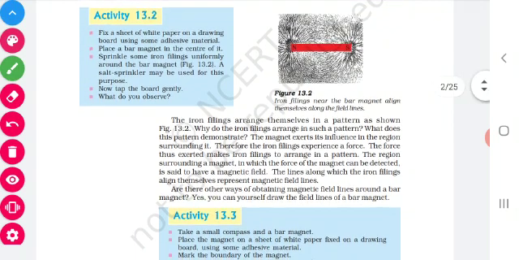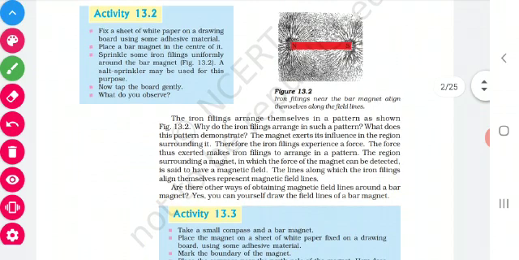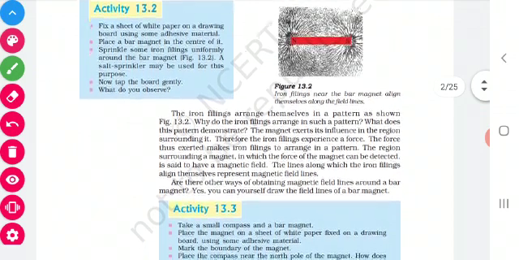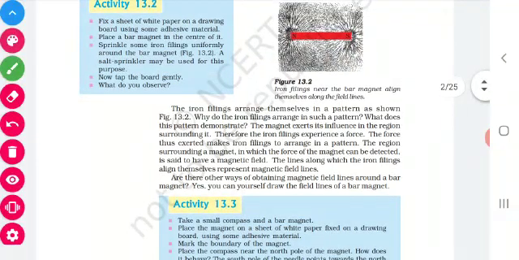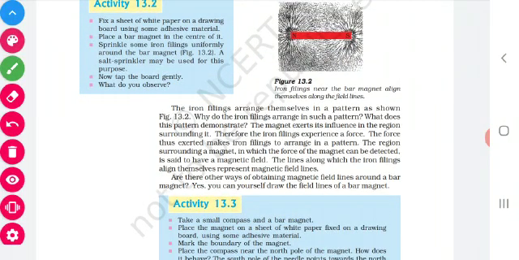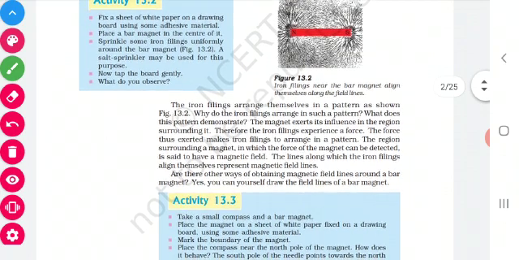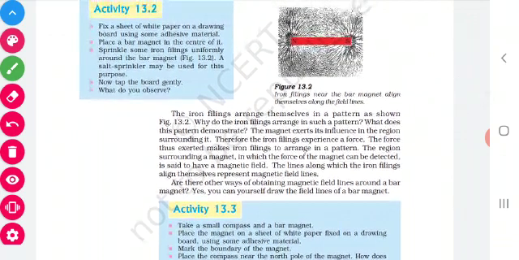Take a piece of white paper and keep it on a drawing board, or any board, using adhesive material such as gum. Then place a bar magnet in the center of it and sprinkle some iron filings. Then tap the board gently, just shake the board.